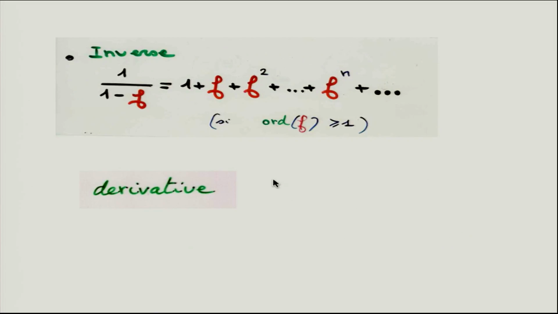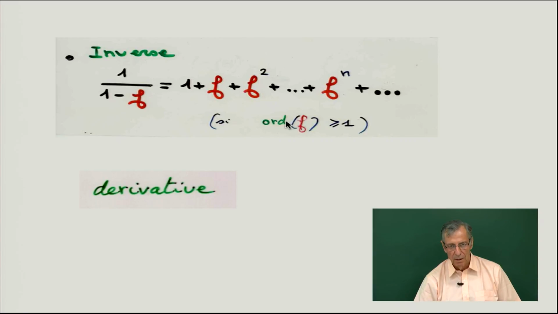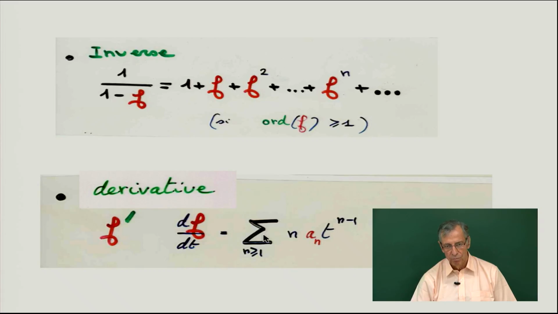So there is the inverse. You can take the inverse of the generating function. The order means the degree of the term of minimum degree, so the constant term must be 0 also here to make sense of it. You have the derivative of a function, just like the derivative of t^n is n times a1 t^(n-1).